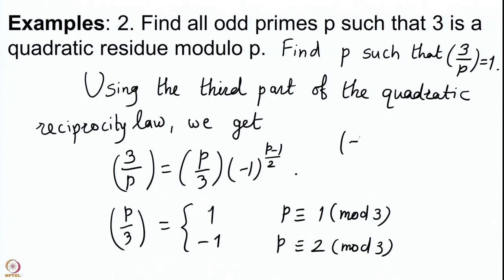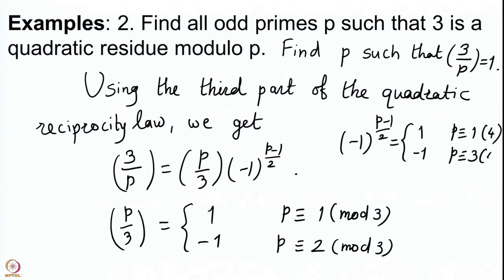And minus 1 to the power (p minus 1)/2, this quantity is 1 when p is congruent to 1 mod 4, and this is minus 1 when p is congruent to 3 mod 4. So, when is this product going to be equal to 1? We want this whole thing to be 1.